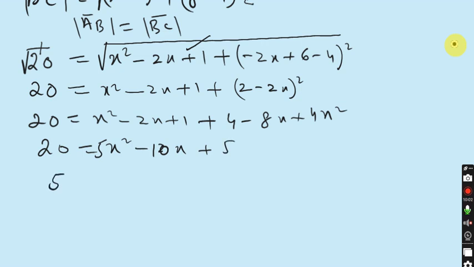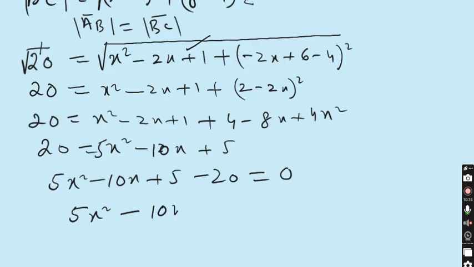So 5x square minus 10x plus 5 minus 20 is equal to 0. 5x square minus 10x minus 15 is equal to 0.